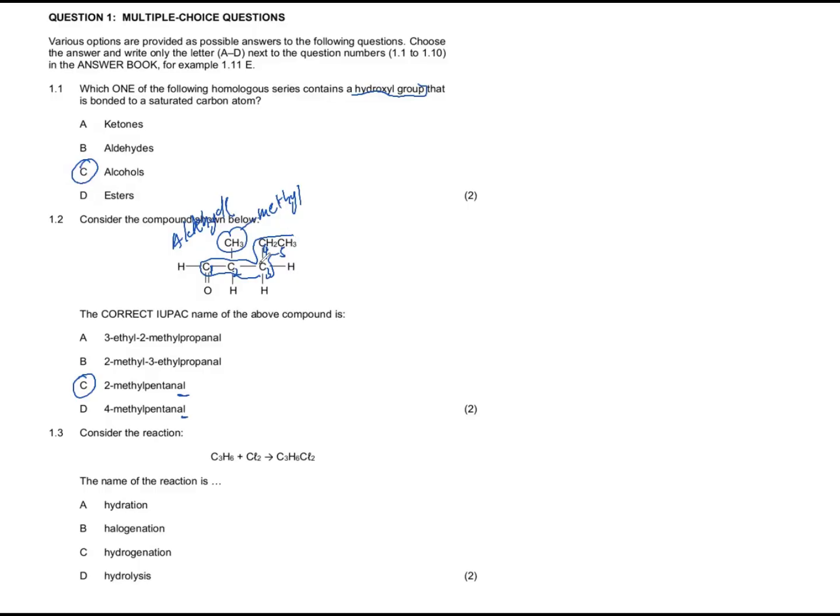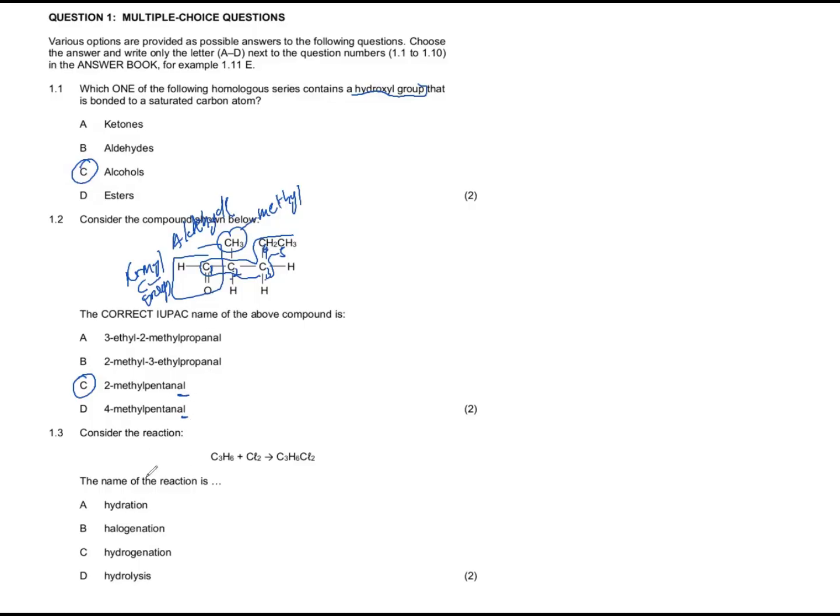So you don't start counting from this side, right? The mistake here would be to start counting 1, 2, 3, 4. That will make it 4-methyl, but that is incorrect because remember, we always number from the side that is closest to the functional group. And our functional group in this case is the formyl group, right? So note that.